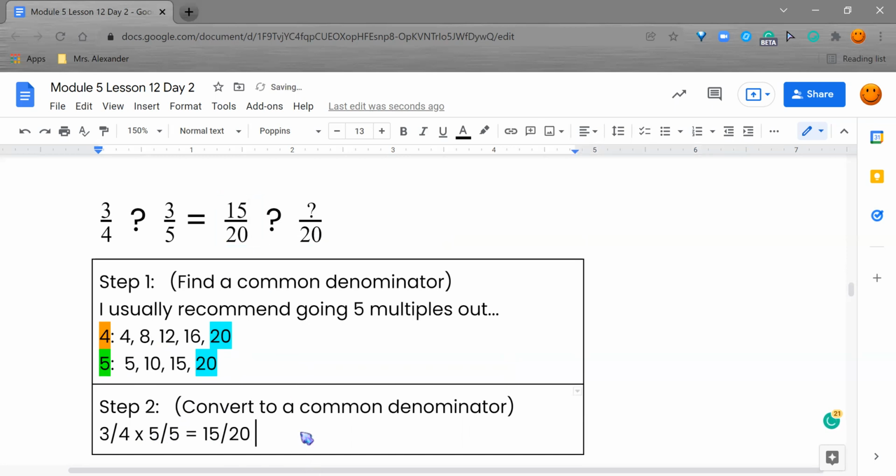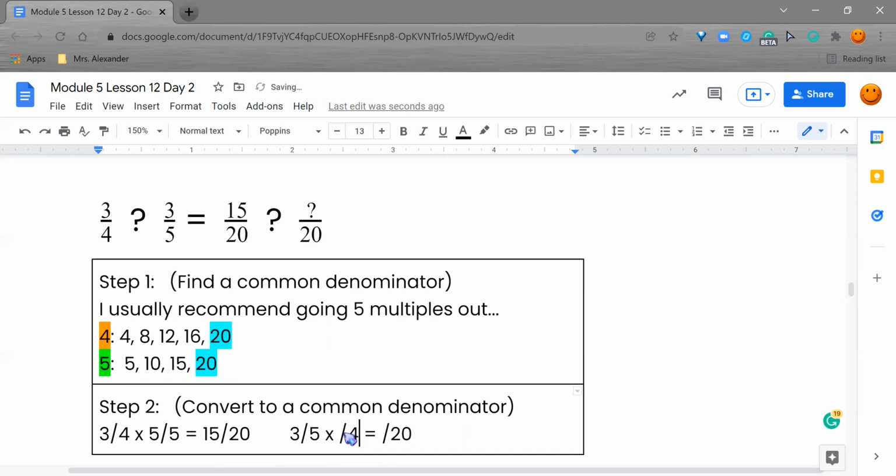One less step. Now I'm going to come over and do 3/5. I'm going to multiply it by some fraction which equals a whole 1, and it's going to equal some number over 20, because that's our common denominator. So 5 times what number gives me 20? If you're not too sure, count: 1, 2, 3, 4.